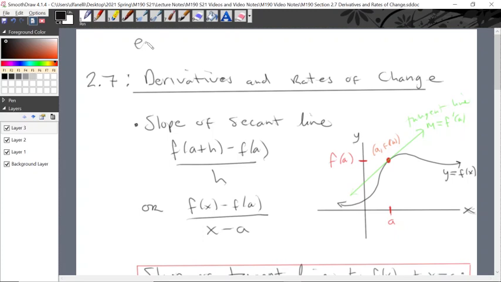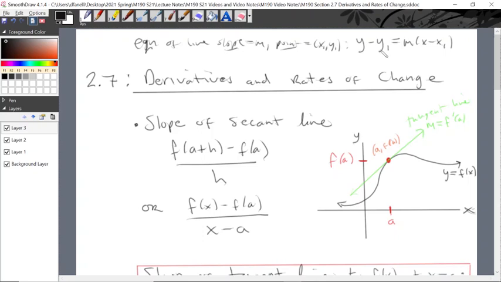So recall that in algebra, the equation of the line that has a slope equal to m, and has a point with coordinates, let's say x1, y1, can be written in the form y minus y1 equals m times x minus x1. Right? That was the point slope form for the equation of a line. If we know the slope and if we have a point on the line, then this is one way that we can write the equation of that line.